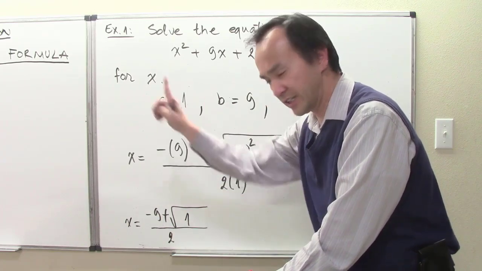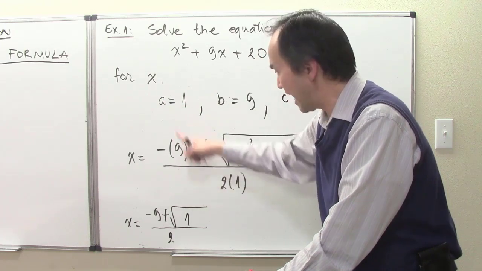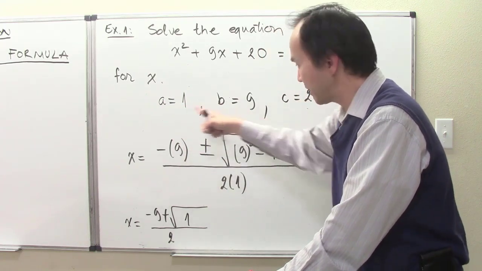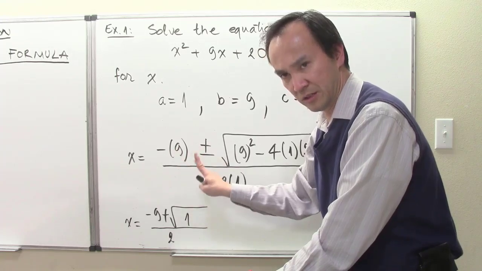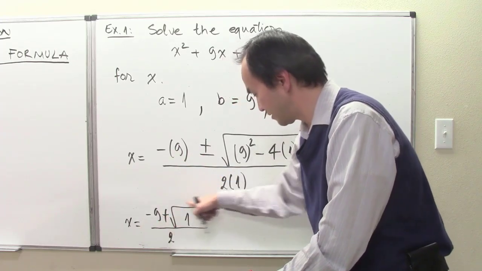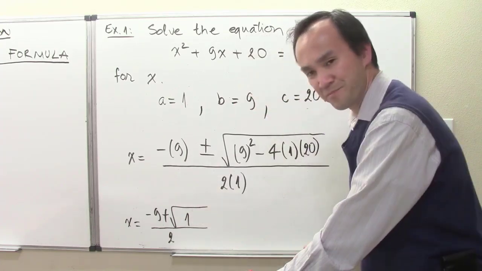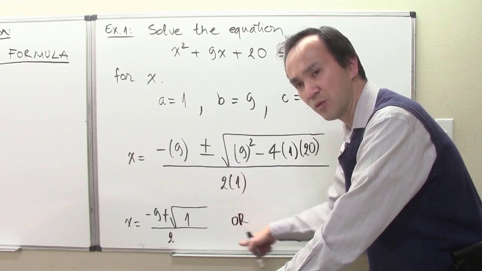So what it says here is that this starting formula, after substituting in A, B, and C, really produced for us two separate, different formulas. x equals minus 9 plus the square root expression over 2. And we have another one, but the logical keyword here is or.